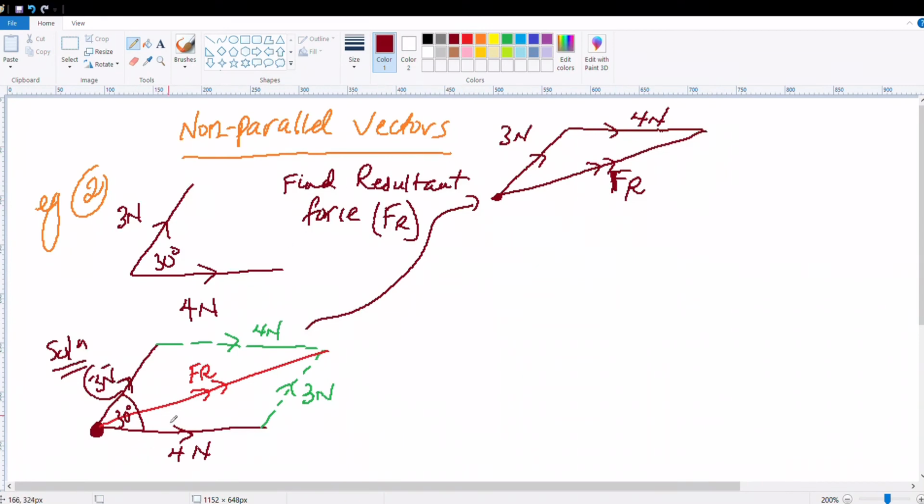So let's analyze. What is that force that we are missing? Well, this is really about angles right here. I'll do it in blue so you can see it. If I continue this straight line, this angle is 30 degrees as well. Alternate angles. This angle, therefore, is what we could actually use to help us out, and that's 180 minus 30, which is 150 degrees.